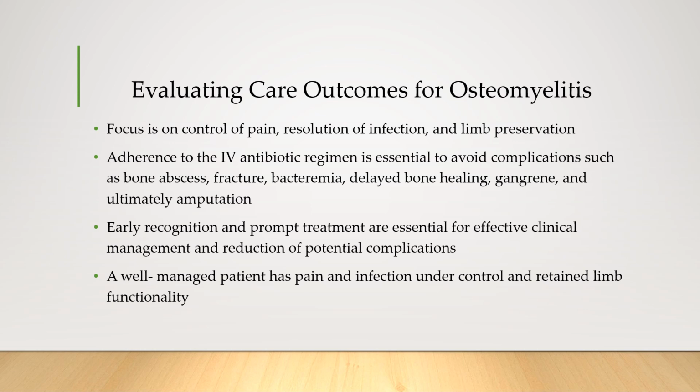Early recognition and prompt treatment are essential for effective clinical management and reduction of potential complications. And a well-managed patient has pain and infection under control and retained limb functionality.